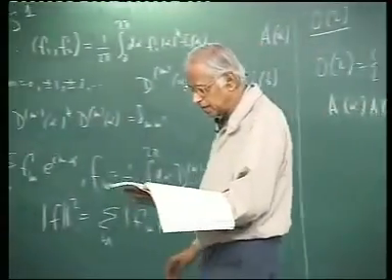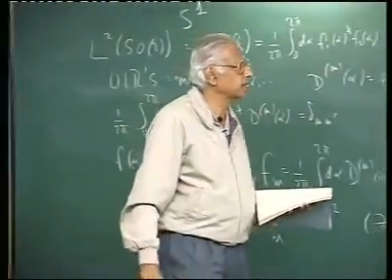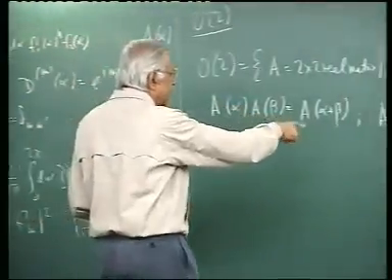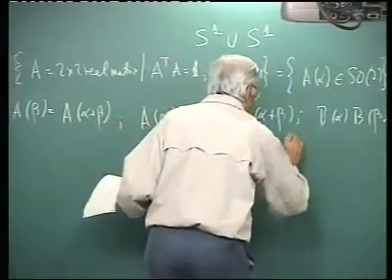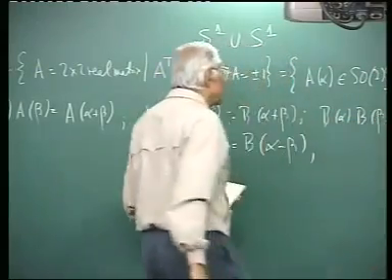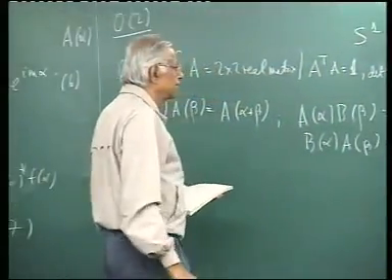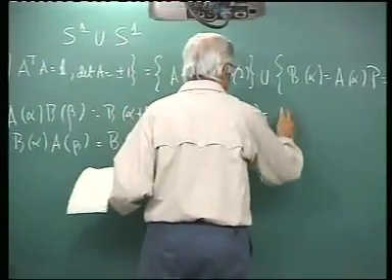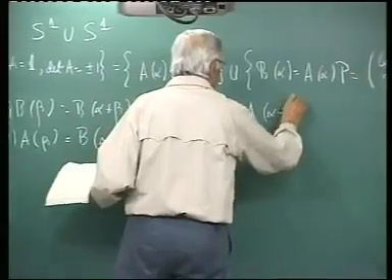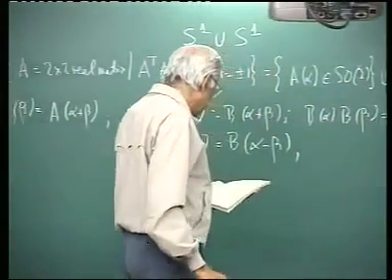A of minus alpha is the inverse of A alpha. Correct? That is clear. So what is this? B of alpha minus beta. And this last one? A of alpha minus beta. I want you to appreciate something.